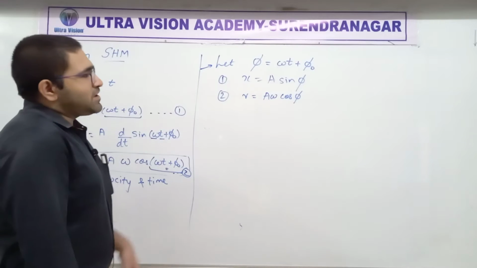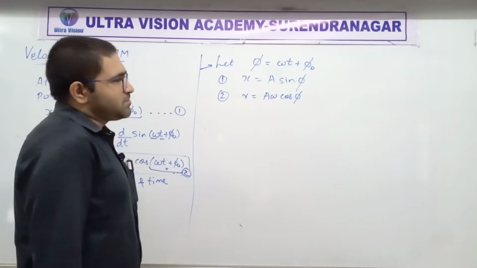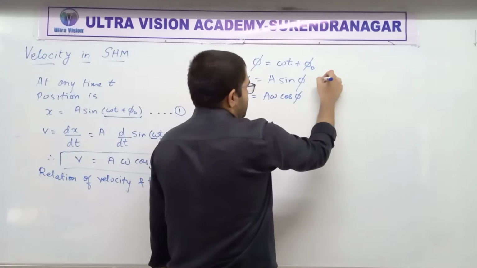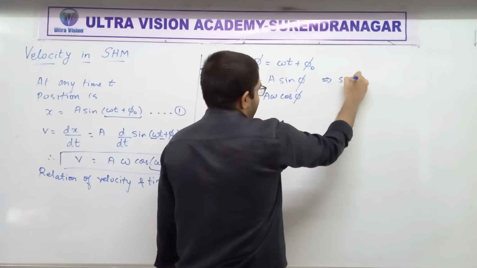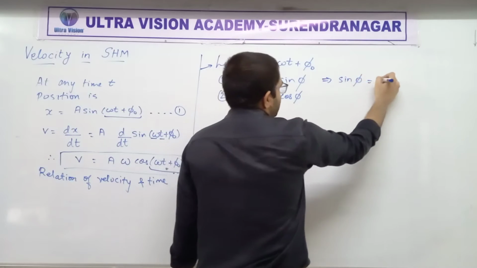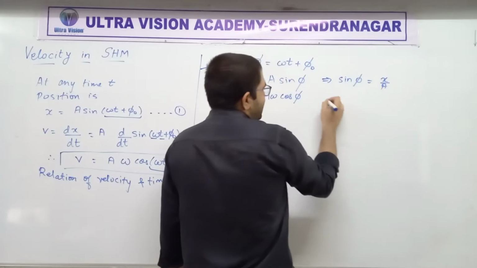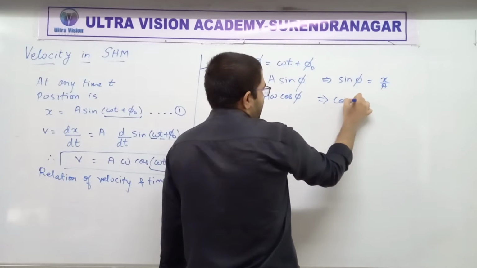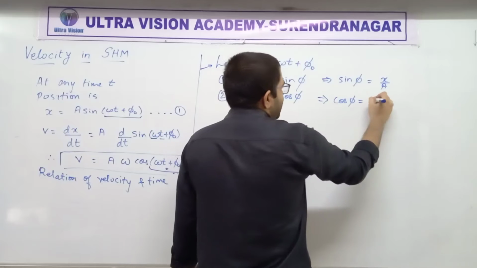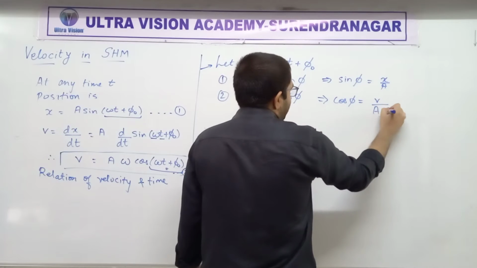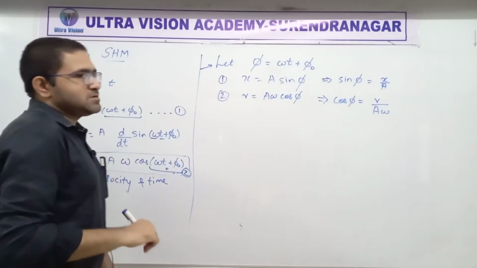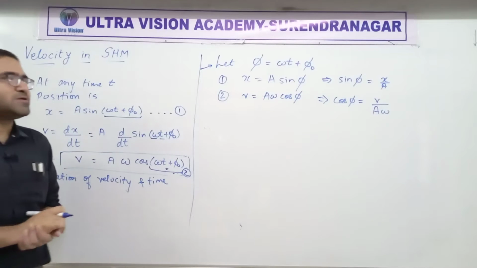Now, we're going to use a little bit of trigonometry here. So, first of all, I'm going to find sin phi from here. Sin phi is equal to x upon a, and similarly cos phi equal to v upon a omega. Very easy.